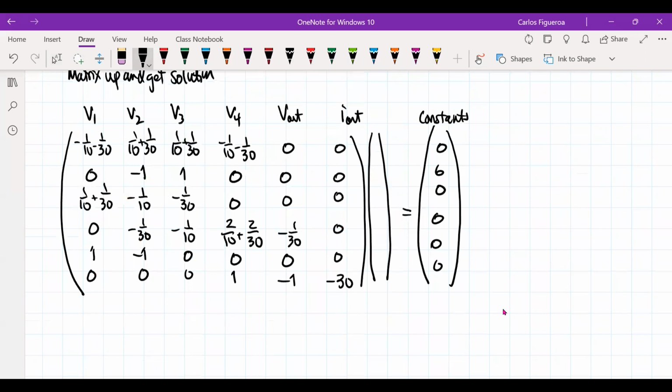Now, if I throw this into PSpice, not PSpice, into my calculator, I get a solution that reads Vout is plus 12 volts, and Iout is minus 0.33 milliamp. So I get the exact same answer.